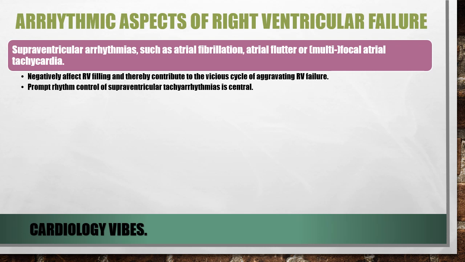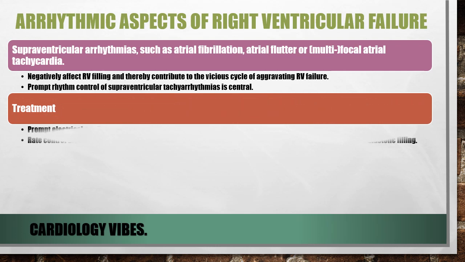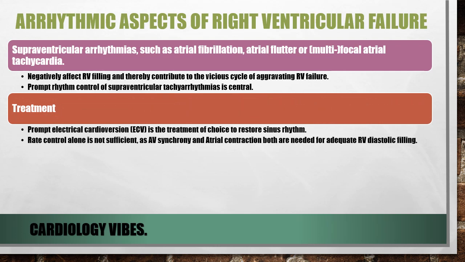Prompt rhythm control of supraventricular tachyarrhythmias is central in managing such patients, and the treatment of choice for these patients is prompt electrical cardioversion to restore the sinus rhythm, as rate control alone is not sufficient because AV synchrony and atrial contraction both are needed for adequate RV diastolic filling.